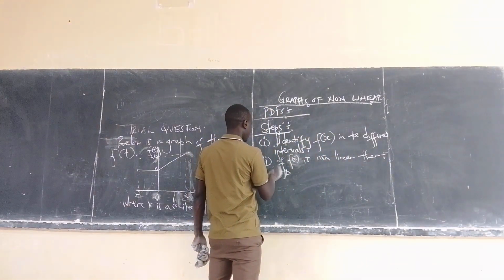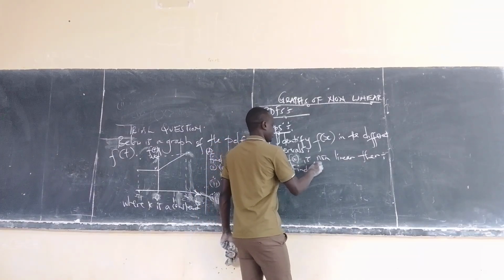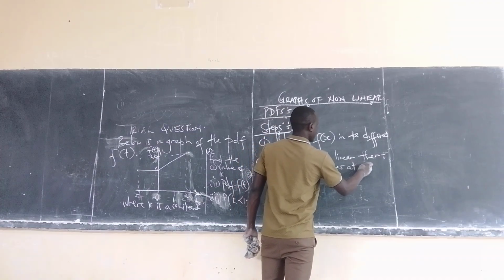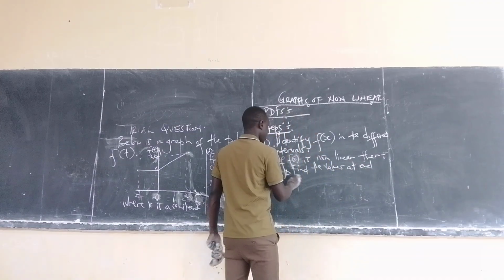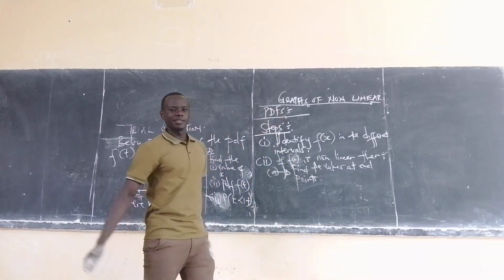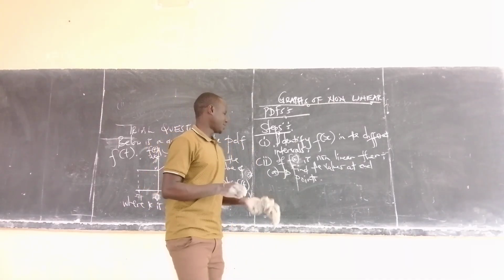Step 1 or step A, we find the values at endpoints. So whether it is linear or nonlinear, we must always find the values at endpoints.